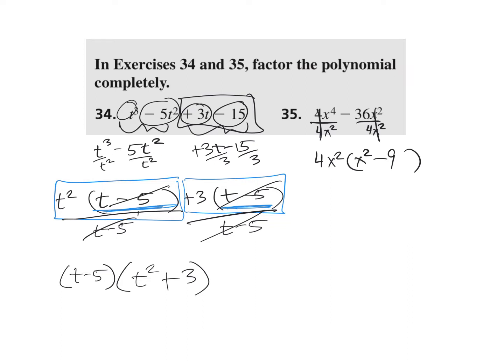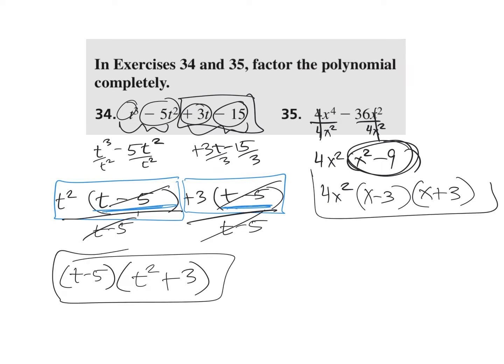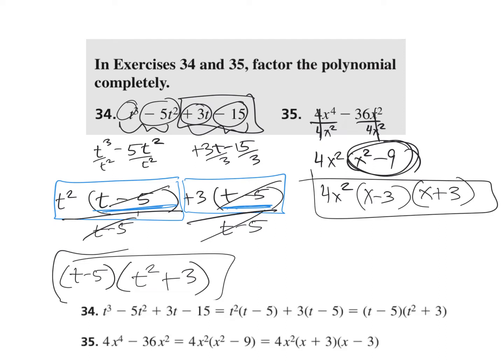And that would be your answer, with the exception that you should realize that this is the difference of squares. The x minus 3 times x plus 3. If I were to distribute that back together with FOIL, that would give me x squared minus 9. So these should be the two answers that the book gives. As you can see, that's what we have.